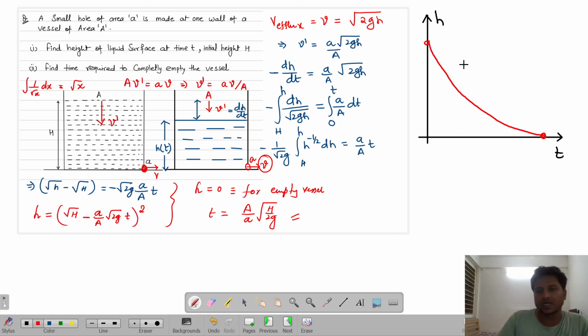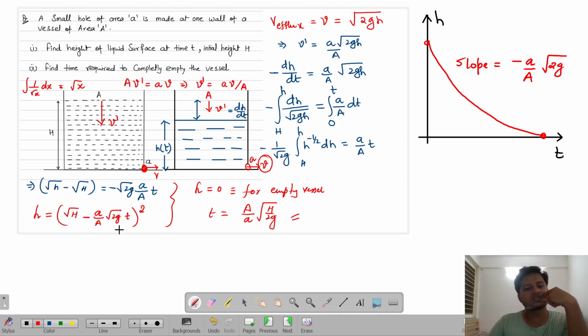yeah, and here the slope is provided by, slope is nothing but this will be 0, it is minus of a by capital A root under twice g, root under twice g. What will be the slope? y is equal to mx plus c. यही होता है ना mx plus c.